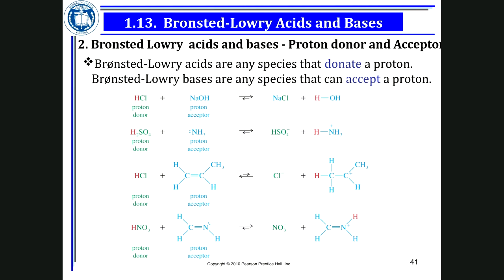This one also has more application in organic chemistry, because if the acid is weak and donates a proton, it is going to change to its conjugate base, and that conjugate base is going to be very strong.